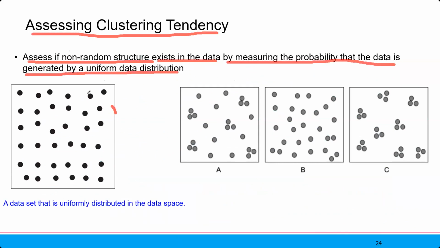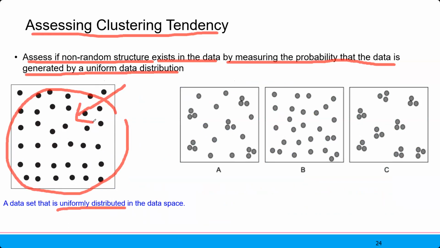So this is data with uniform distribution. Can you make the clusters? With this data, it is difficult to make clusters.